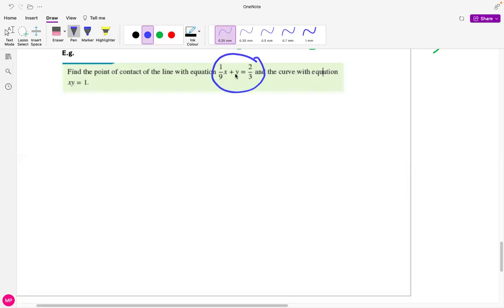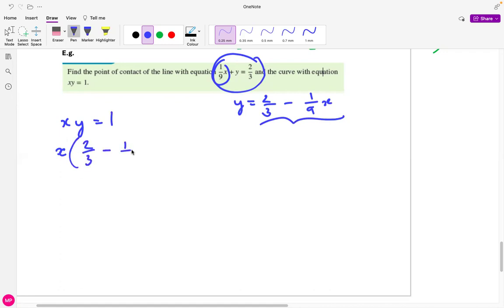From here I can see y here also, so I just move it over so I can make y the subject easily. So I have y equals 2/3, and then you minus the whole thing over here, so minus 1/9 x. Then you substitute in here. So xy equals 1. Now x stays, and the y you replace by this: x times (2/3 minus 1/9 x) equals 1.